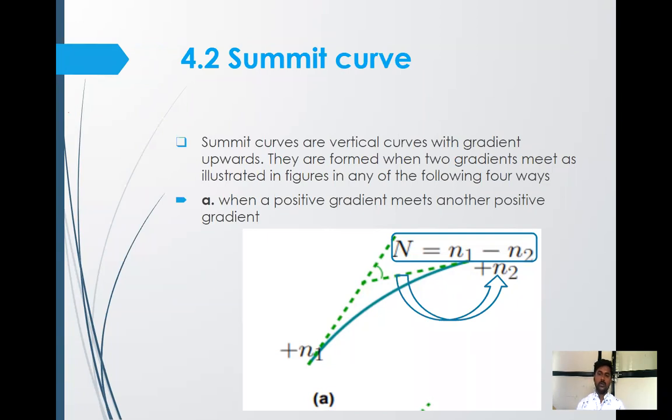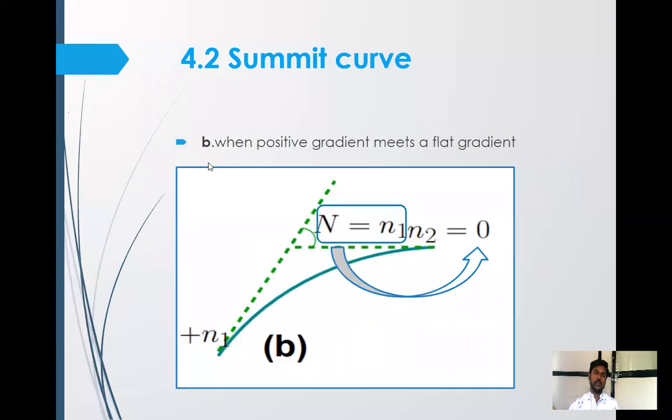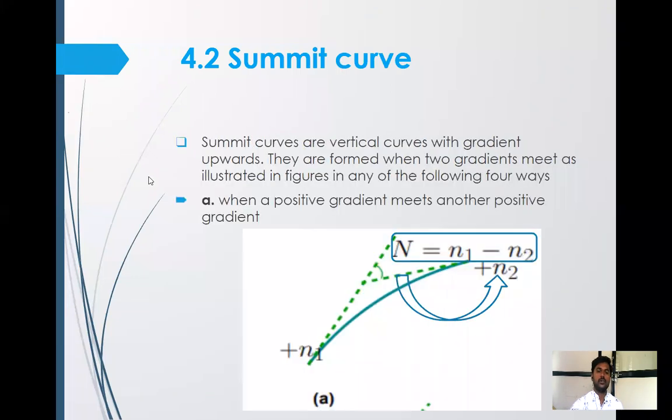If you want, draw the figure. Write down the formula for angle of deviation: capital N is equal to N1 minus N2. Just draw the rough figure. No need to go for accuracy or anything very advanced. Just for your understanding, draw the figure.